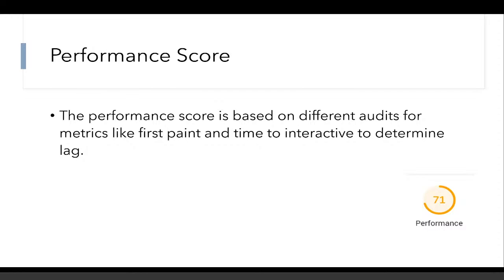So when we're looking at an Amazon.com performance score of 71, I would almost bet that is where those points are lost, that time to interactive.